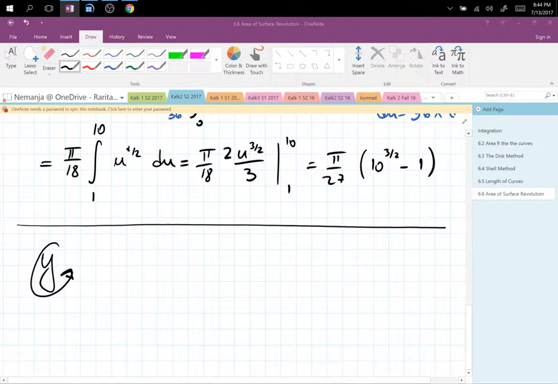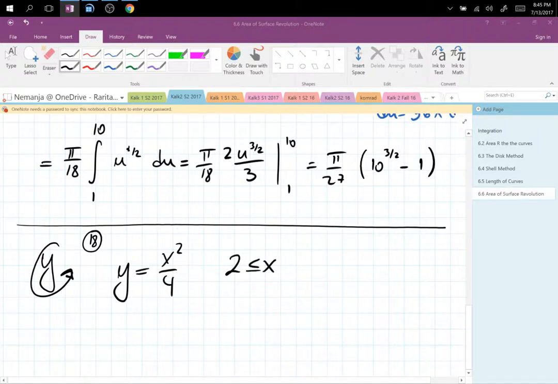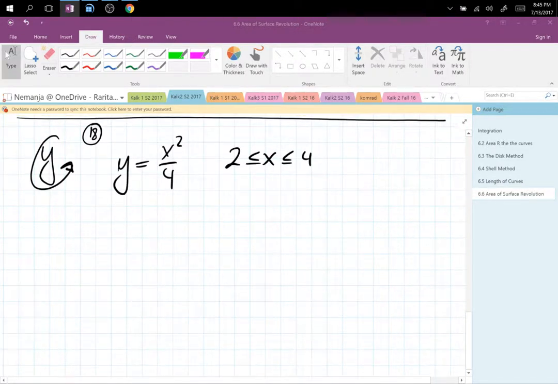We shouldn't discriminate, so let's do that. y equals x squared over 4. This is problem 18, if you are following in your textbooks, for 2 less than or equal to x less than or equal to 4. So let's see how that goes. And then we're done with this section.